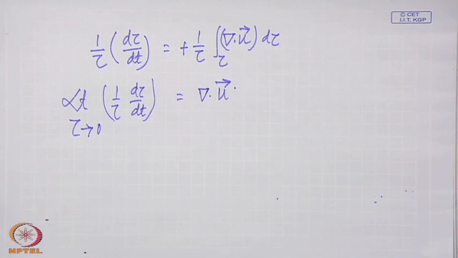Now, what is the left hand side? This is very familiar to you, or let us say what is rate of change of volume per unit volume, or change in volume per unit volume.